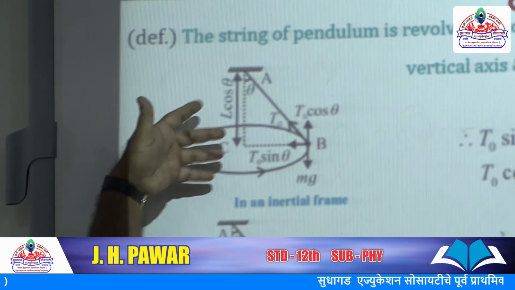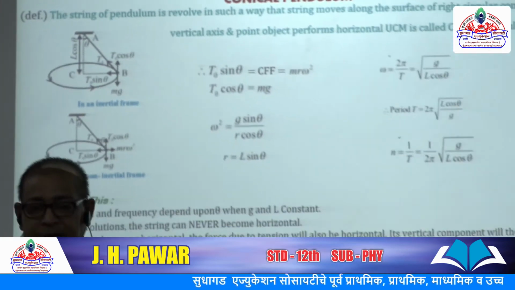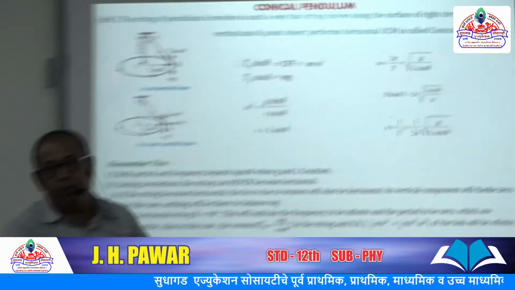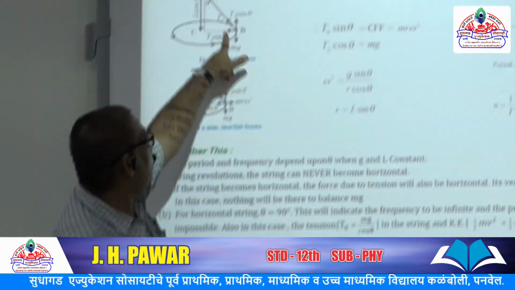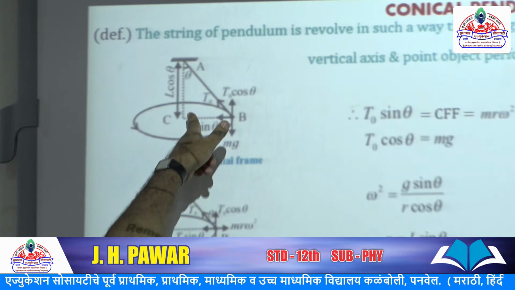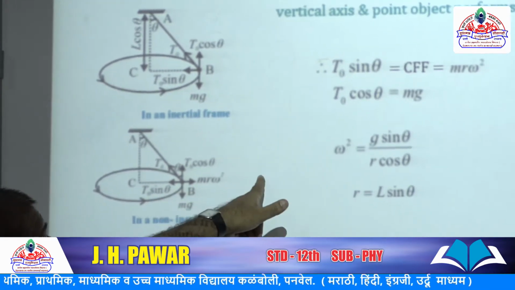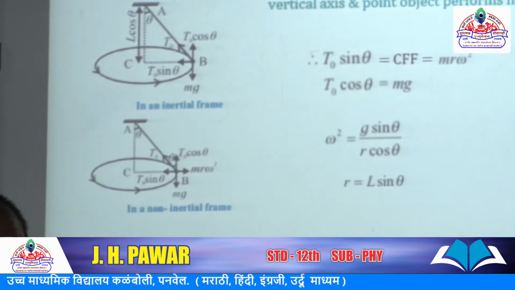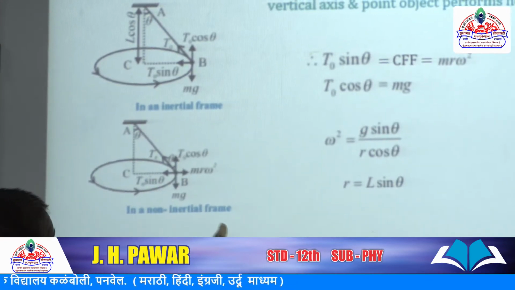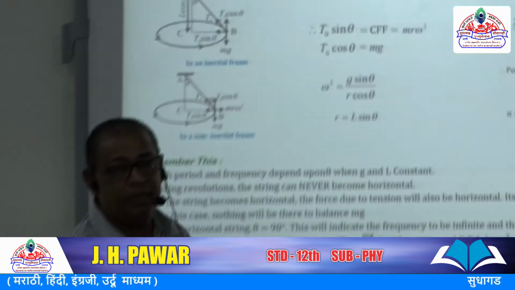One case is the inertial frame of reference, where we assume that the bob is moving in uniform circular motion, UCM. In the second case, the centrifugal force is balanced by the centripetal force in the inertial frame, but in the non-inertial or accelerated frame the centrifugal force is much more than the centripetal one.